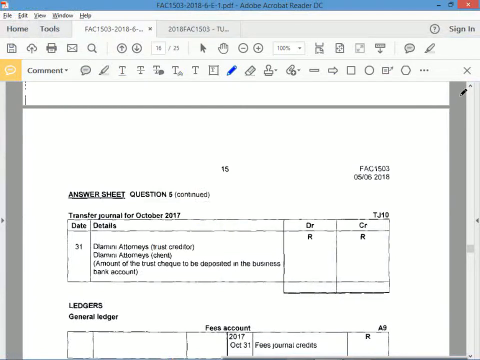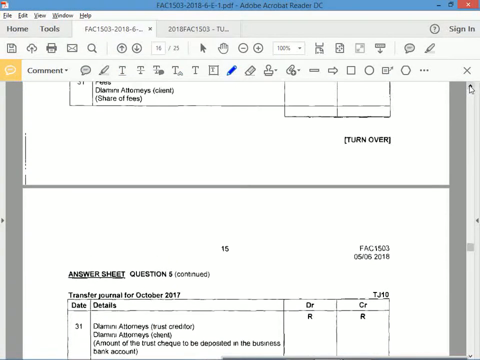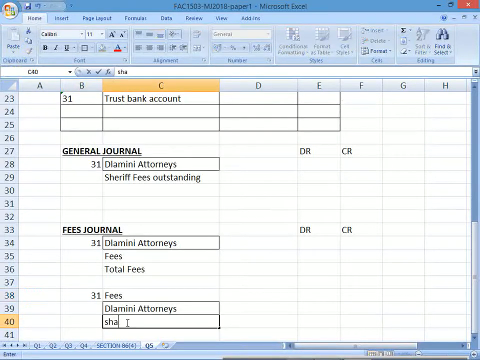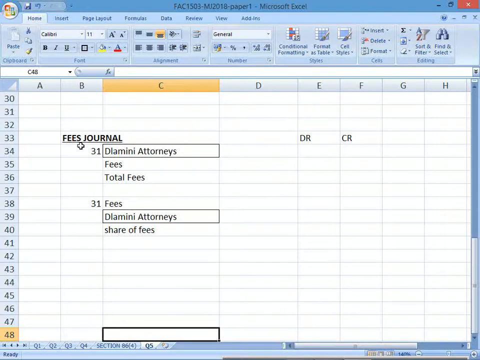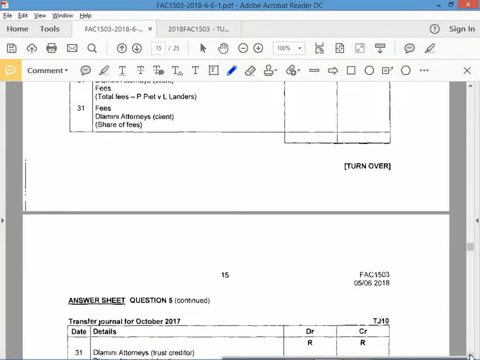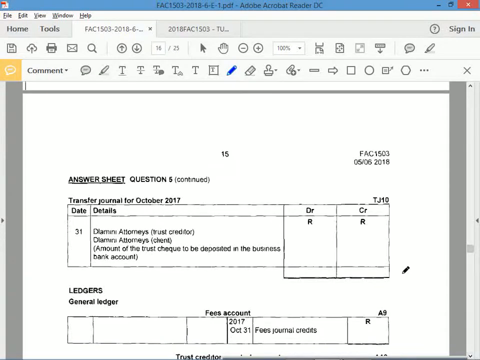Anything else here? That was the transfer journal. I think I wrote the wrong one. Fees, share of the fees. And then transfer journal. Is it similar to these? Yes.